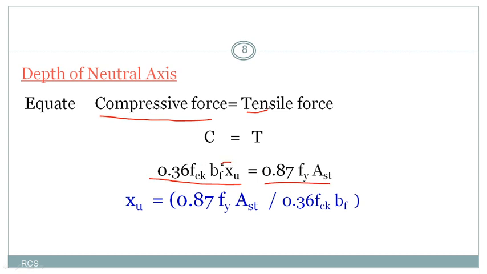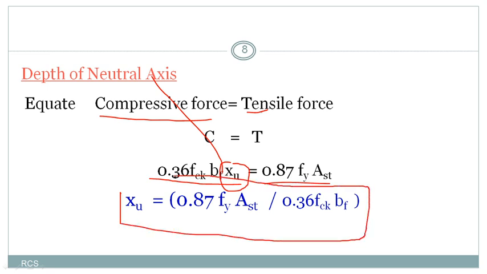Now what do we want? We want xu, the depth of the neutral axis. If we rearrange the terms, we get xu = 0.87 fy Ast / (0.36 fck bf). This is how we calculate the depth of neutral axis.